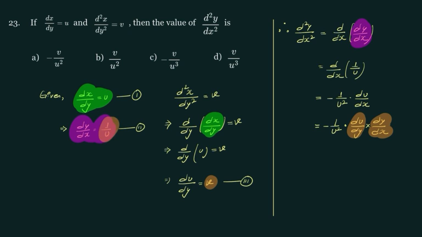So here we will have minus 1 by u square into du by dy which is v into dy by dx which is 1 by u. So hence we will have minus v by u cube. So my correct option for this question is option number C, that is minus v by u cube.